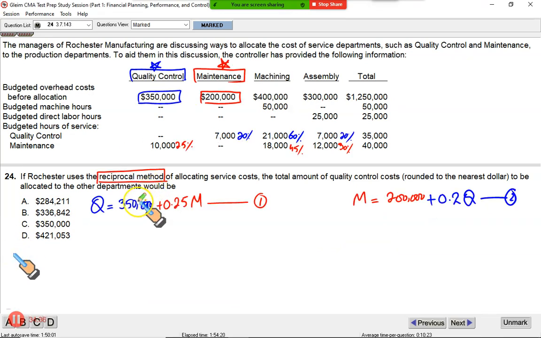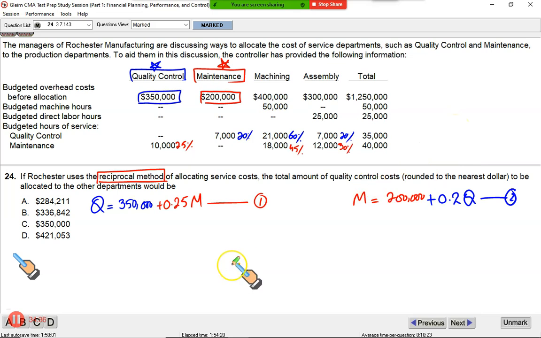We have come up with two equations, one involving Q and M, the other involving M and Q. We are going to solve these two equations simultaneously, which means we can replace Q from this equation into this equation, or we can replace M from this equation into this. Totally your choice, totally up to you.